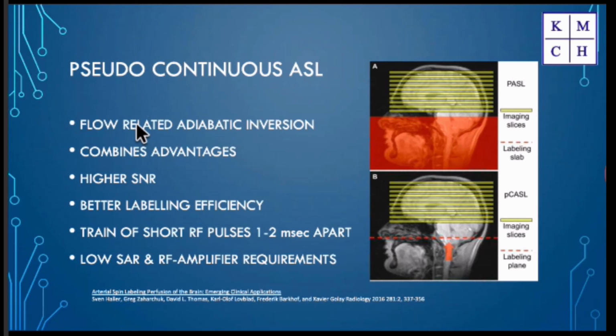It is around 80% or 0.8. However, when we convert from continuous to pseudo-continuous, we can actually improve the labeling efficiency by around 18%. On average, it becomes around 0.85. So we can combine the advantages of a pulse ASL as well as a continuous ASL into this method called a pseudo-continuous. Here we invert a thin slab by a short train of RF pulses.